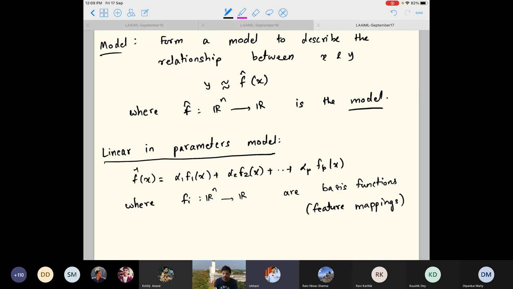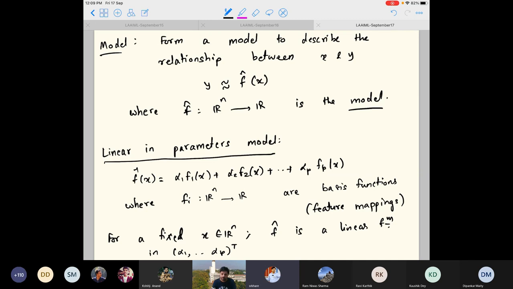Clearly, for a fixed x in Rn, f hat is a linear function in the parameters alpha 1 up to alpha p. That's why this particular model is called linear in parameters.